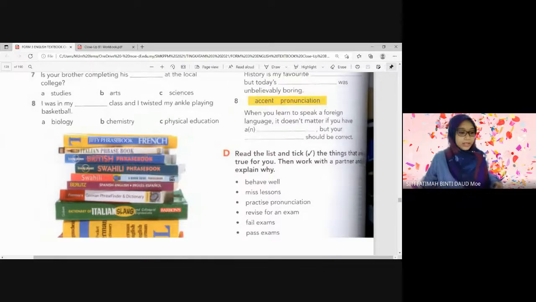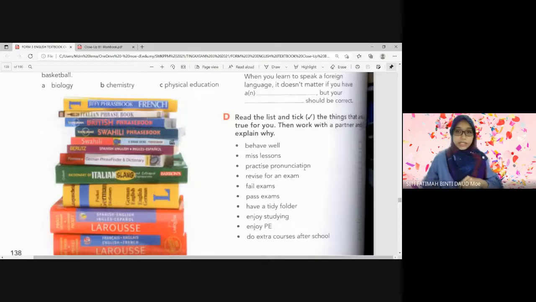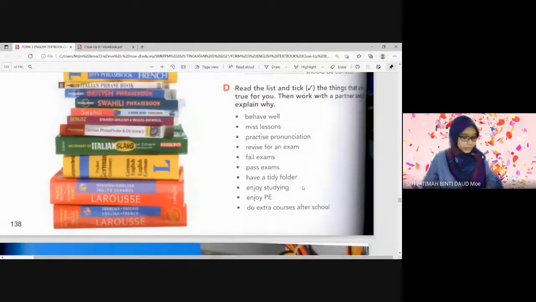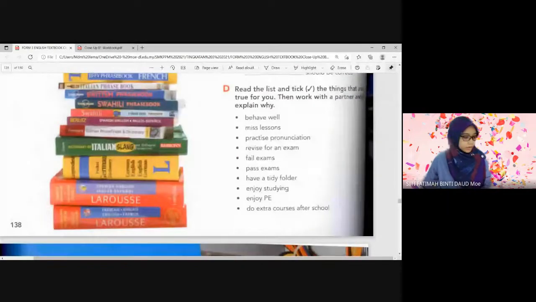All right, for the last activity, you are not going to do the speaking activity. Read first. Read the list and tick the things that are true for you, then work with a partner and explain why. Okay, I would like to change this. Do not take this, but instead, write sentences. After this, you do this in your book.